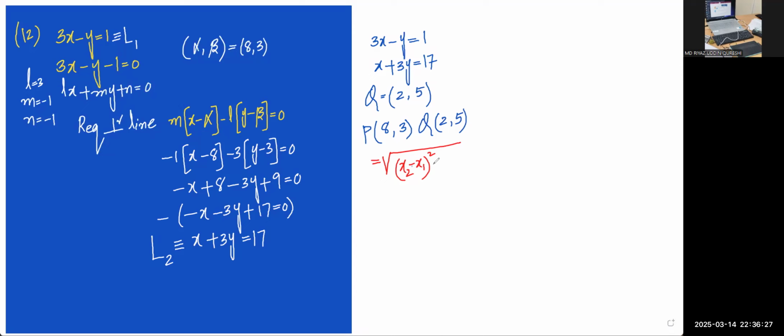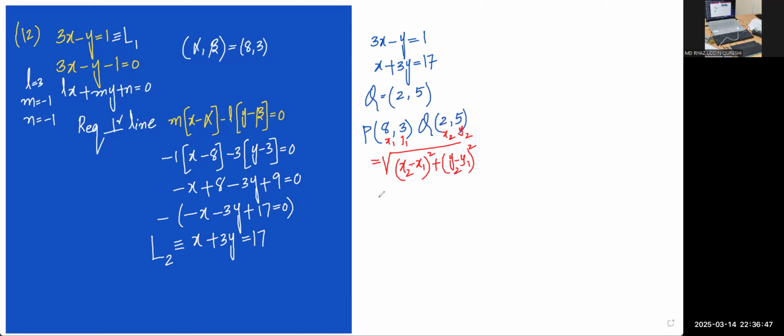Very famous formula to find the length between any 2 points. Considering this one as x1, this y1, this x2 and this y2, we plug in the values here.